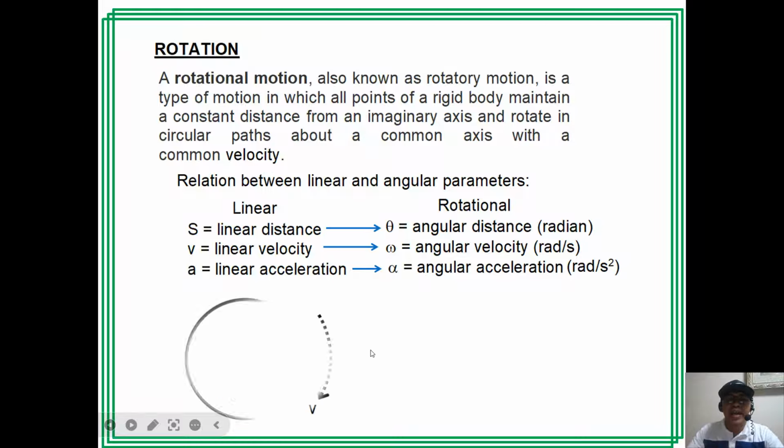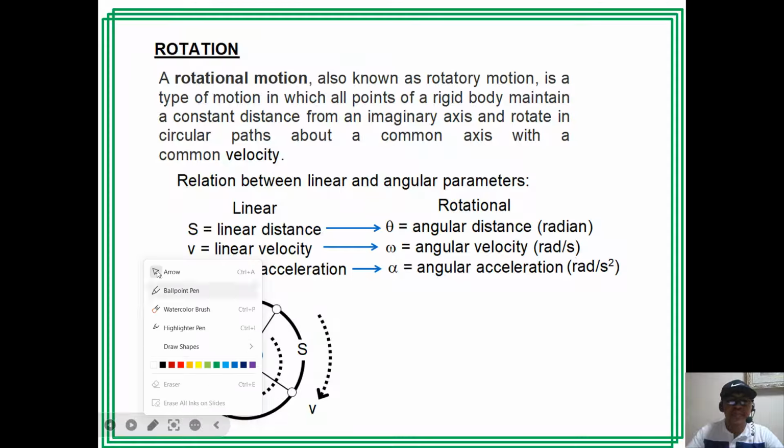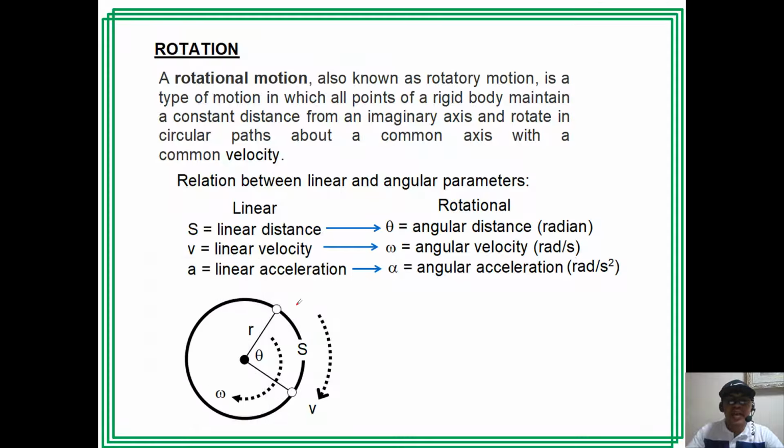So, we now have a rotational motion. Let us say this is point 1 and this is point 2. The body, or any point on the path, travels from point 1 to point 2 here in the figure.